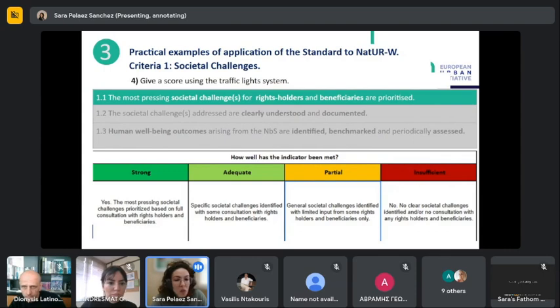So I will ask you to reflect on the first indicator and think of a traffic light system, which will be your rating. Let's take a look at the description of each of them.